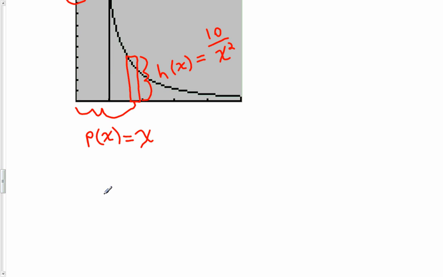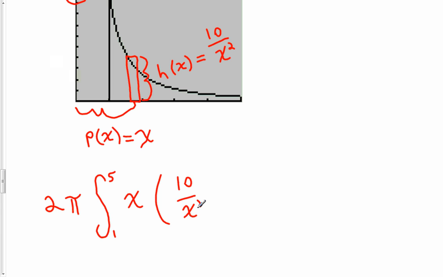So my integral, where x is running from 1 to 5, is going to be, and I forgot the 2 pi here also, 2 pi times the integral from 1 to 5 of px, which is x, times hx, which is 10 over x squared, dx.